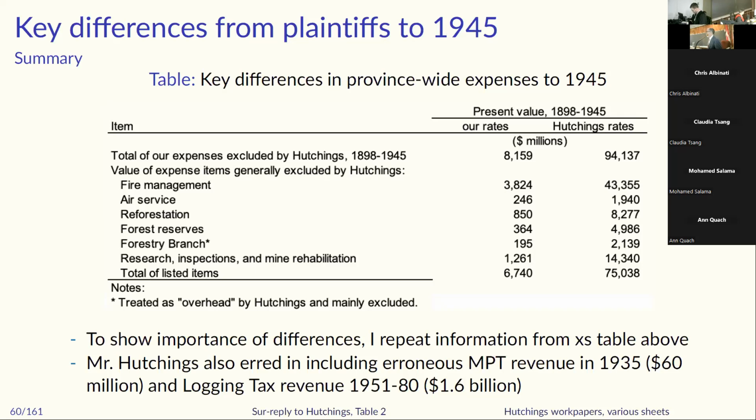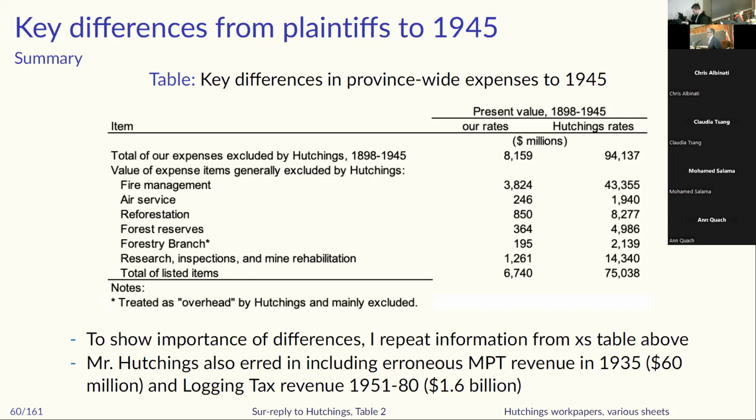Second, we try to take a holistic approach. We start with, well, how big is the difference between us to be explained? And then we ask, what are the major items that can explain the difference? Mr. Hutchings takes a more bottom-up approach here.